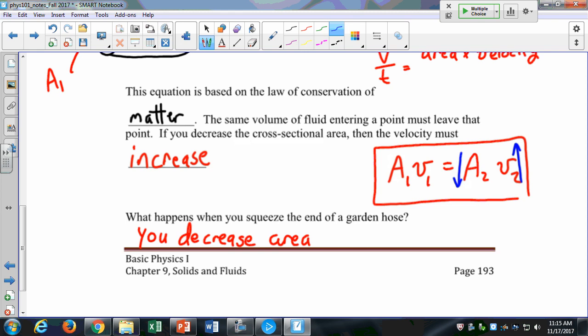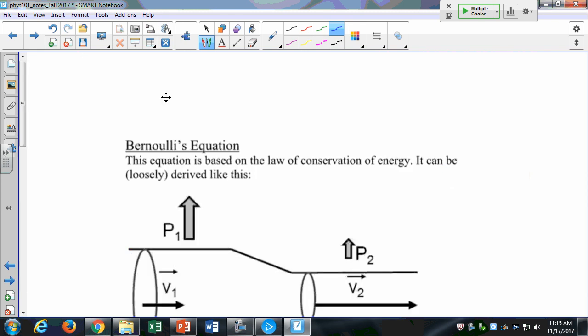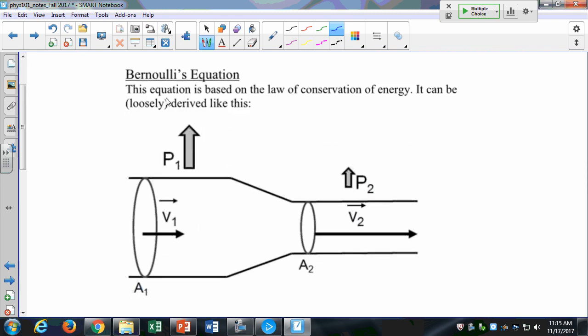All right, let's look at Bernoulli's equation too. If the equation of continuity is based on the law of conservation of what? Matter, right.